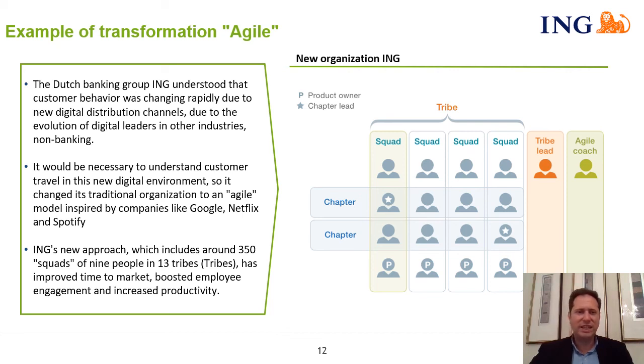They have completely changed the organization into around 350 squads of 9 people more or less each, in 13 tribes, and everybody is working in this way. They are working in projects in order to deliver what must be accomplished, always objective oriented, which is the main approach of this new methodology. And if a traditional bank is able to do so, I'm sure that you can do it in your organization.